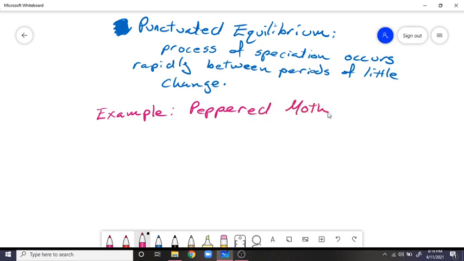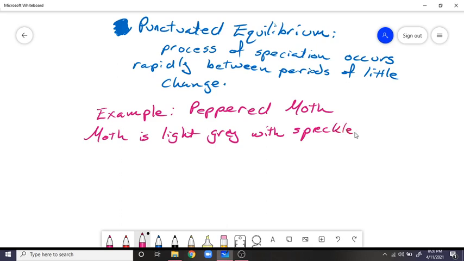The peppered moth lives in England, is where it is found. This moth is light gray, with black speckles. Sorry, speckles.